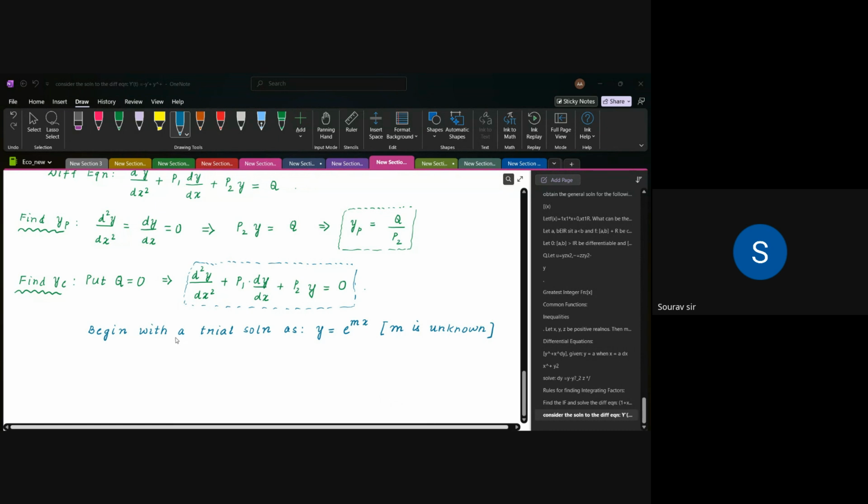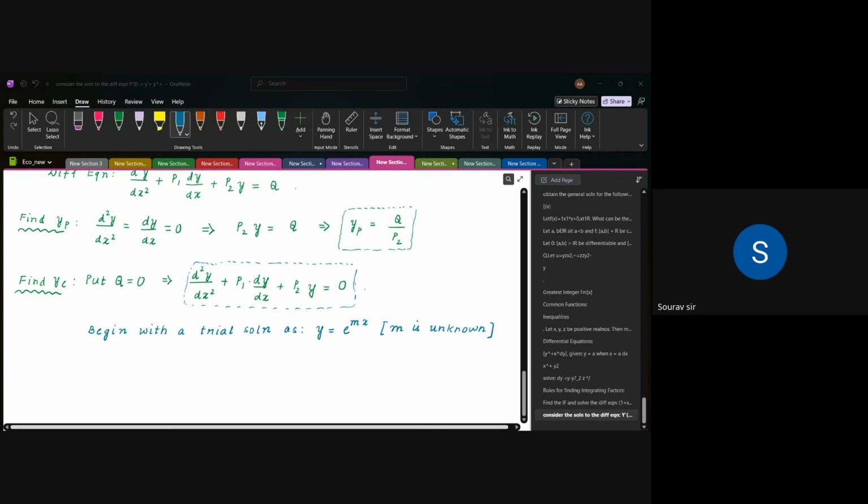Why am I saying that this is a trial solution? I'm simply saying that the solution of this differential equation can be of the exponential form. It is an exponential form where we need to find the value of m.